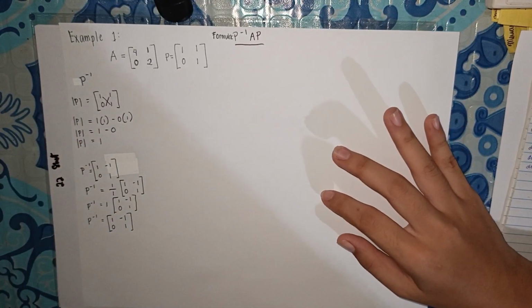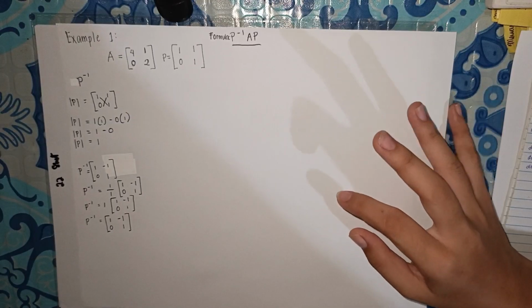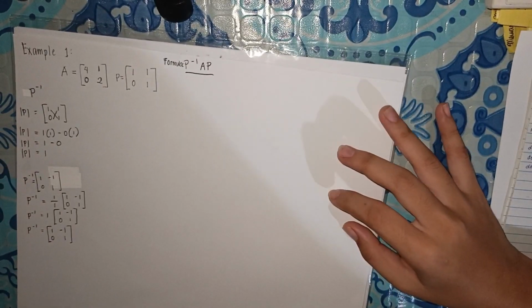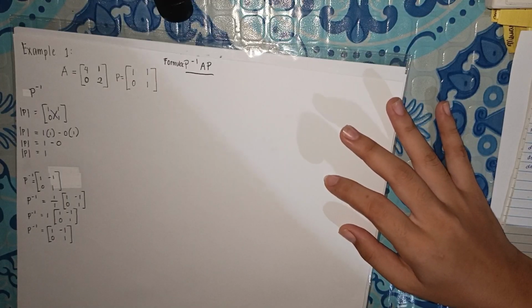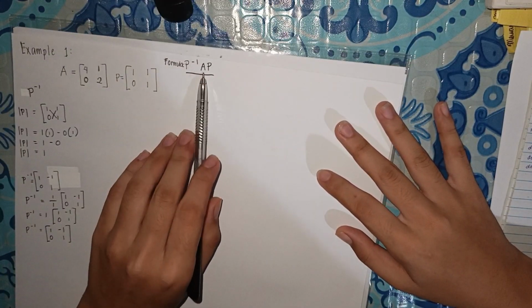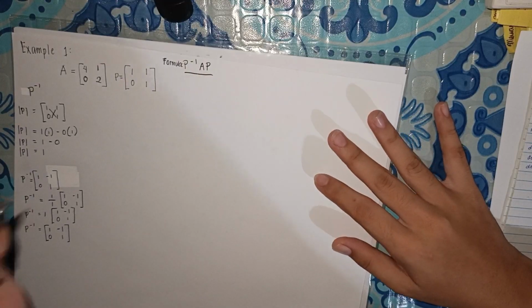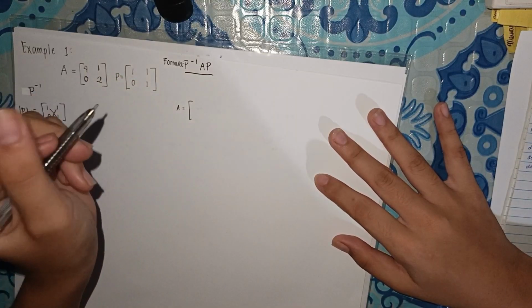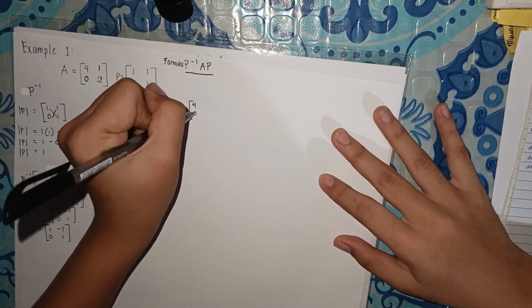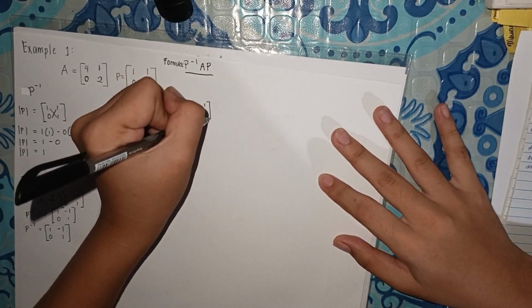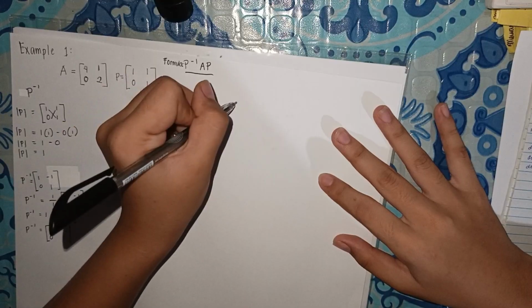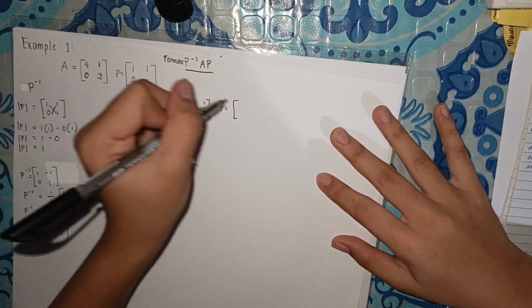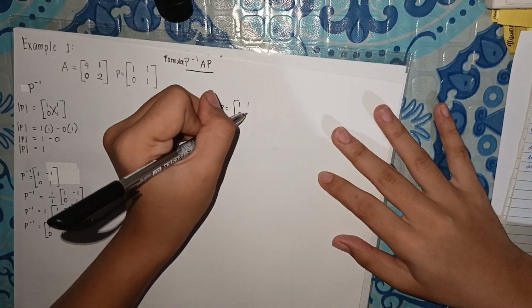Next, we will multiply A and P. So, matrix A is equal to 4, 0, 1, 2. Then matrix P is 1, 0, 1, 1.